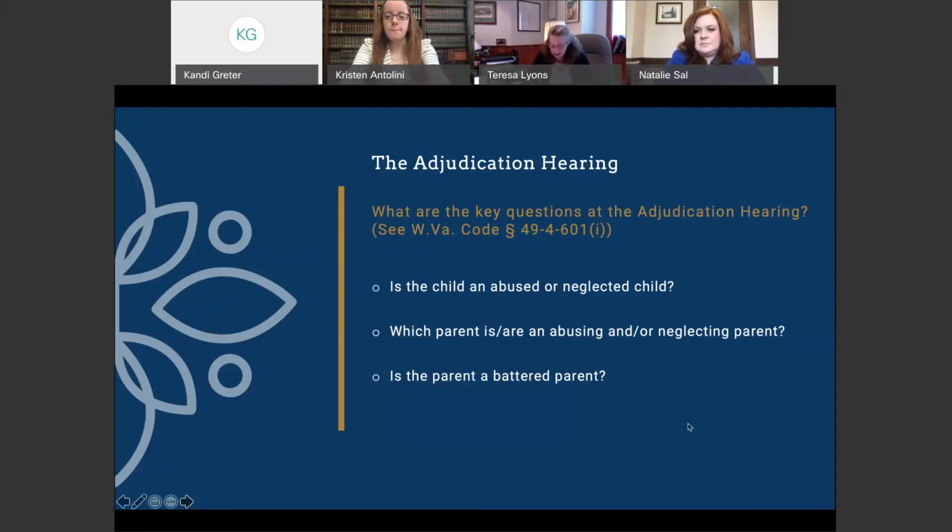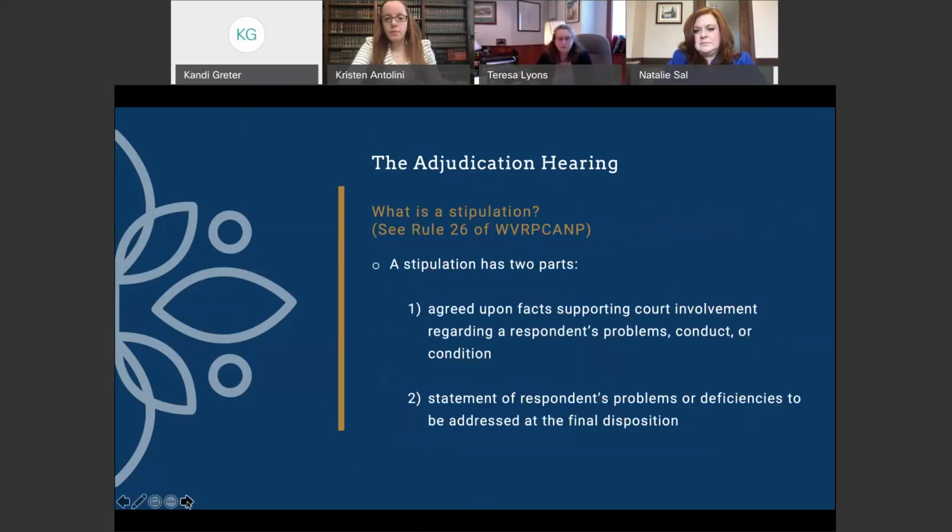So again, it's an important step. However, it's not the most important step in the case, because many cases involve neglect, and the real question is what to do about the abuse or neglect.